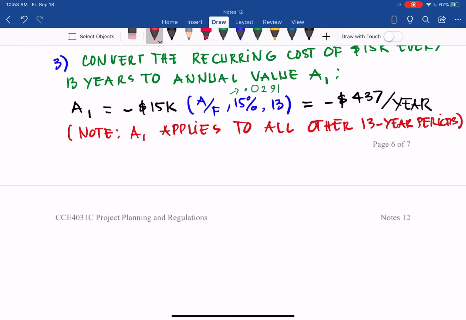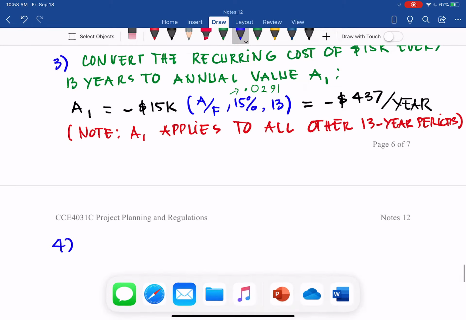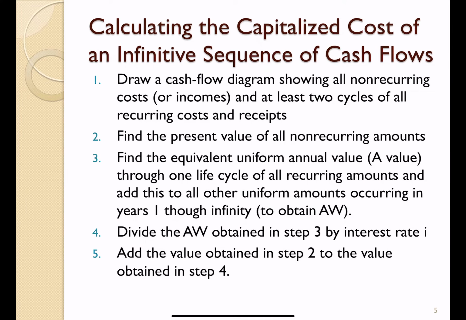So step 4, if you go to the PowerPoint slide here: divide the annual amount to get the capitalized cost.